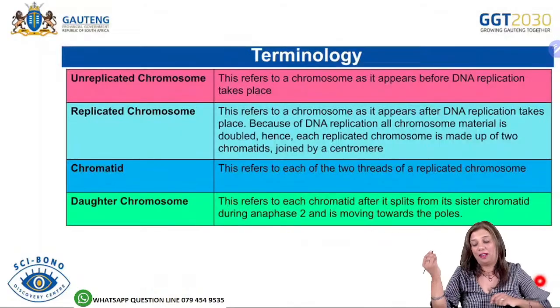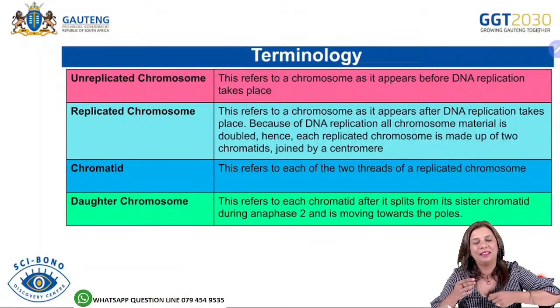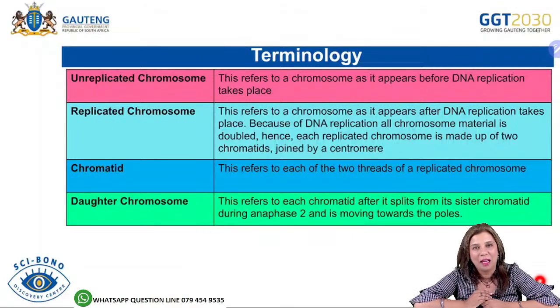Right, terminology, very, very important. Terminology is very, very important in life sciences because very often in the exam, when marking the exam, markers pick up that even though a learner knows the idea, they have an understanding of what the concept means, because they don't use the correct terminology, they're unable to get maximum marks.